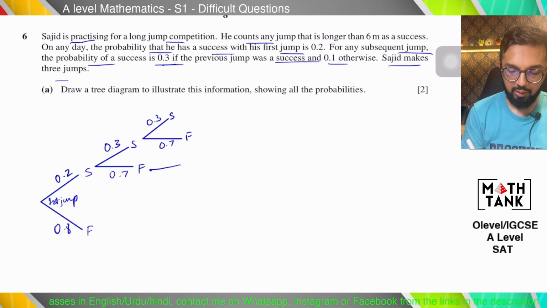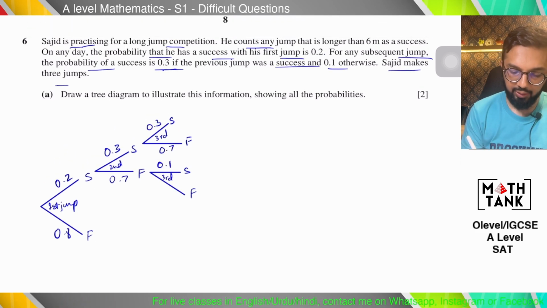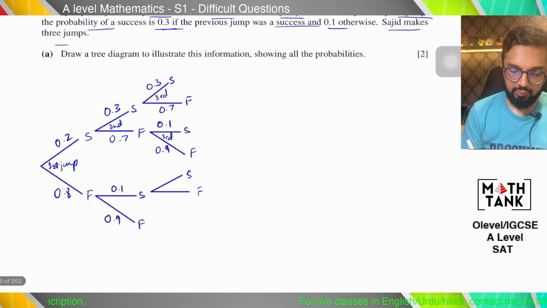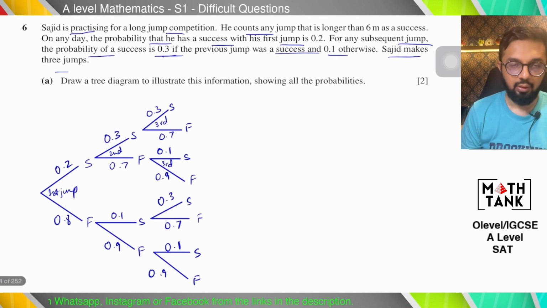Second, third, success, failure, and if the previous one is a failure, then 0.1 and 0.9. Success, failure, 0.1 and 0.9. Success, failure, 0.9, 0.1. If the previous one was a success, then this has to be 0.3 and 0.7. Okay, that's the tree diagram for this.